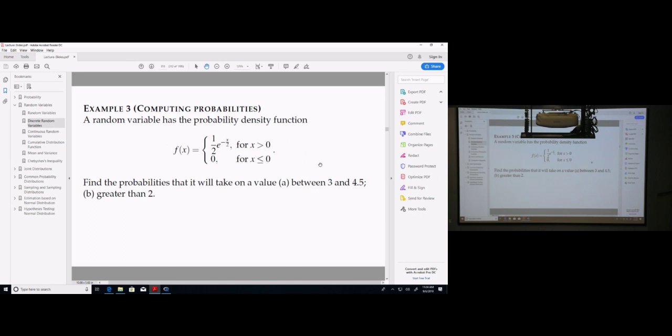Now, computing probabilities. This is something like what we call the exponential distribution. The exponential distribution is usually used to model, say, the lifetime of an electrical appliance, provided that there is no memory property. If you are coming from engineering school, a step forward to modify the exponential distribution will be the Weibull distribution.